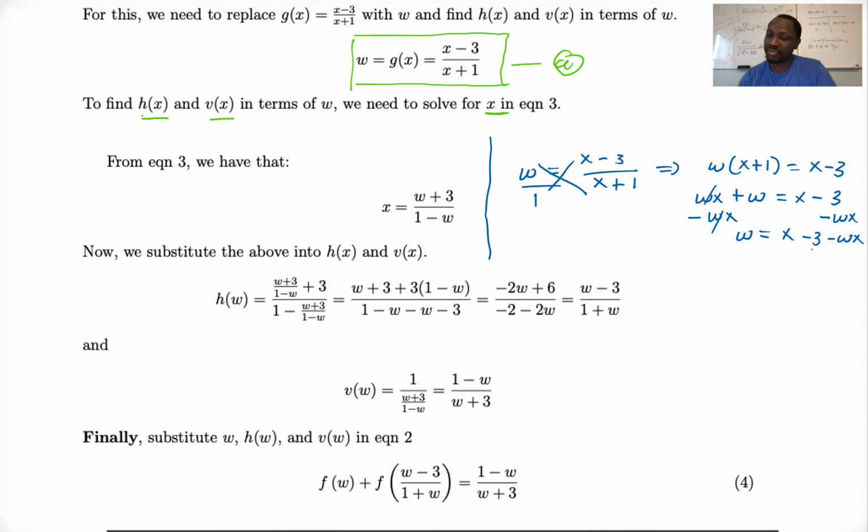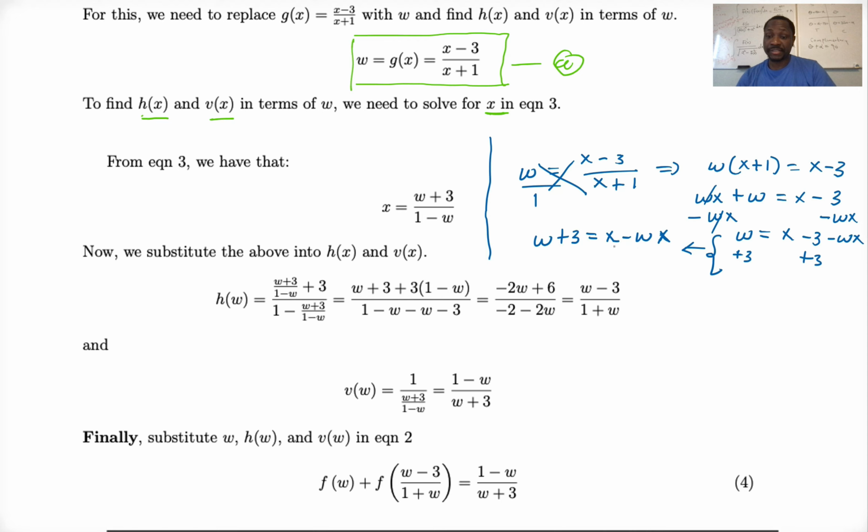Now I'm trying to take every term with x to one side and every term without x to the other side. So I'm going to add plus 3 to this side, plus 3 to this side. And this will give me w plus 3 is equal to x minus wx. Can you see that?